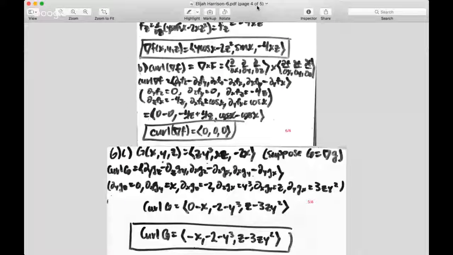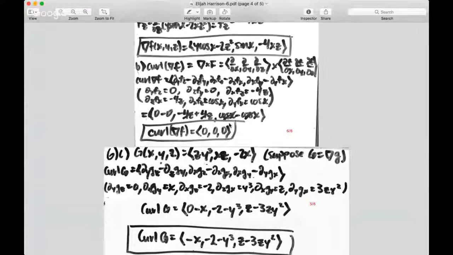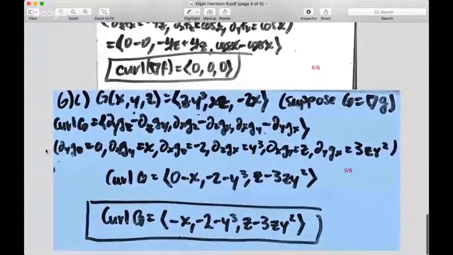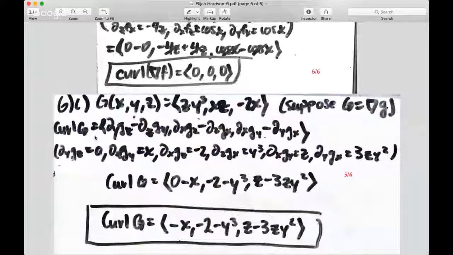So the cross product ends up being that little formula that I wrote right under 6C. The curl of G equals the gradient cross product with the gradient of G. So it'd be the partial of Gz with respect to y minus the partial of Gy with respect to z.